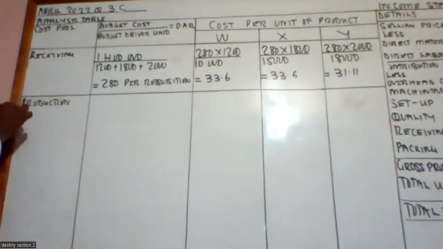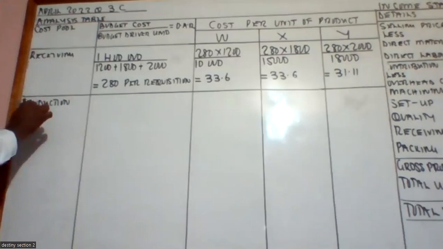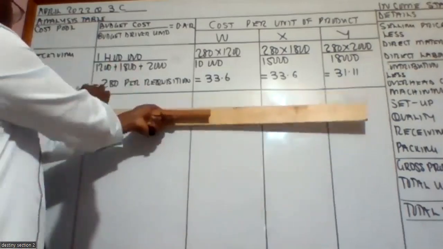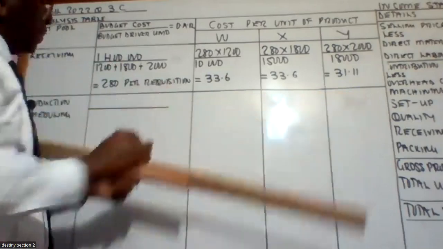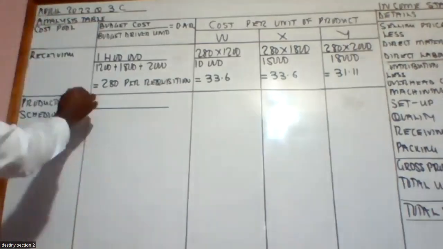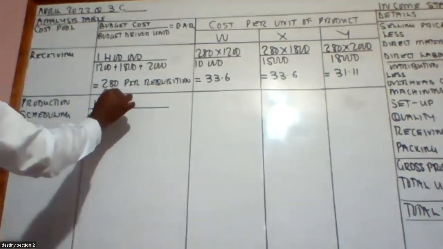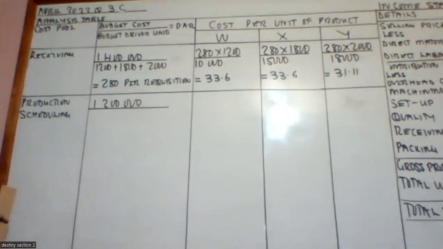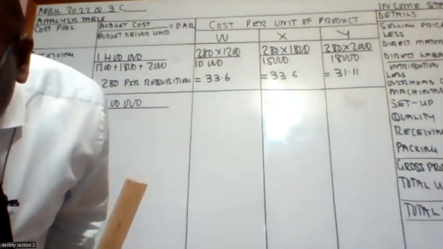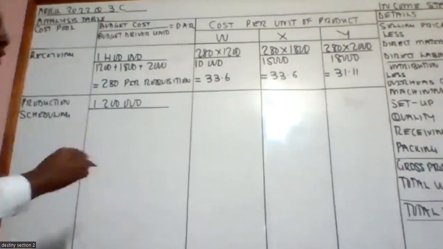Production scheduling, it is 1.2 million. And we are going to use the setups 240, 260, 300.